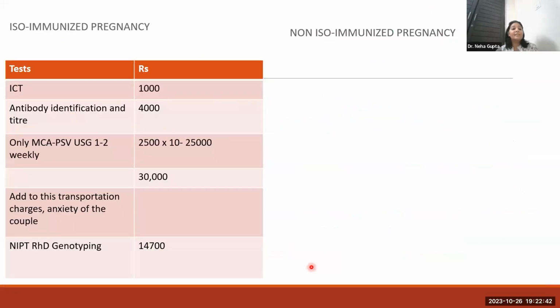Just a brief outline, this is what we have found out. In isoimmunized pregnancy, if you take the cost of ICT, antibody identification, titers, and monitoring by ultrasound, the average cost turns out to be roughly 30,000. You add to this transportation charges and the anxiety of the couple. In comparison, doing the test costs about 40,000.